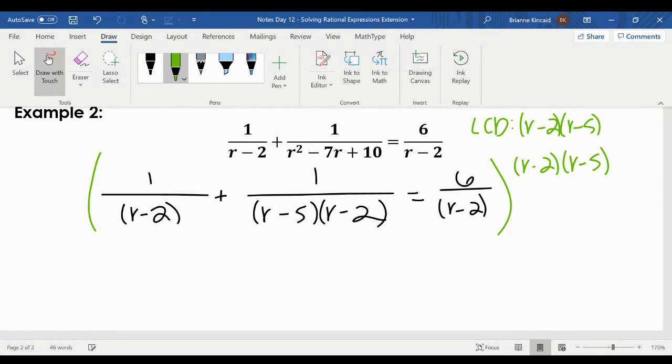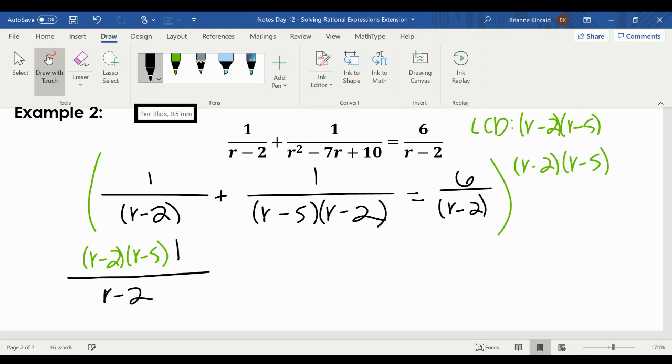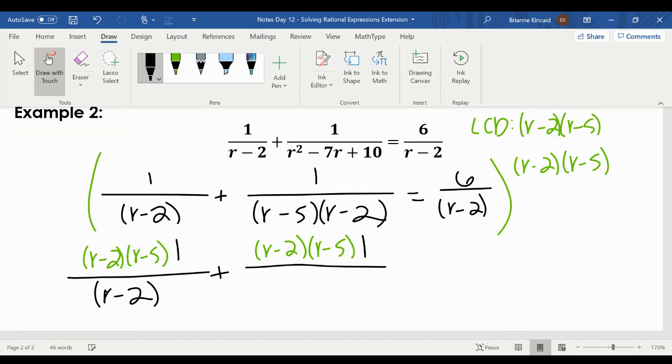So in the first numerator, I'm going to have r minus 2 times r minus 5 times 1, which I don't really need, over r minus 2. The second fraction, same thing, I'm multiplying by r minus 2 times r minus 5 times 1 over r minus 5 times r minus 2.